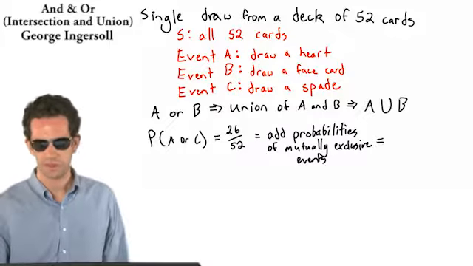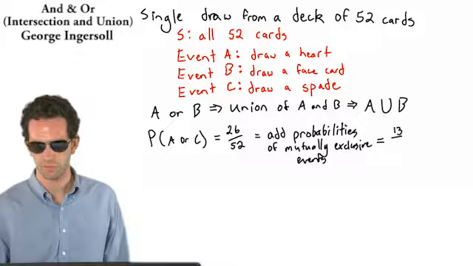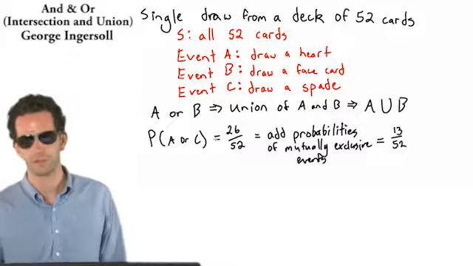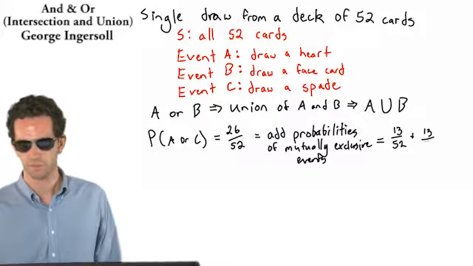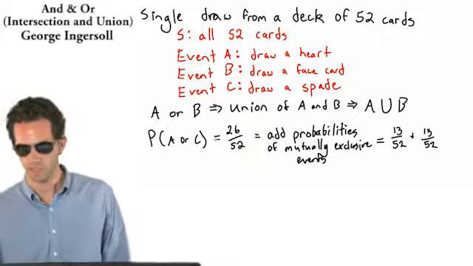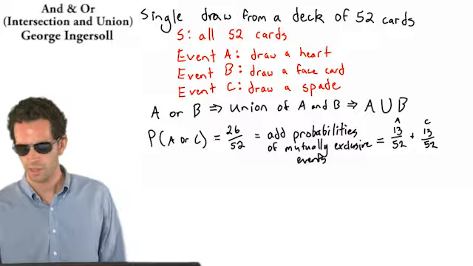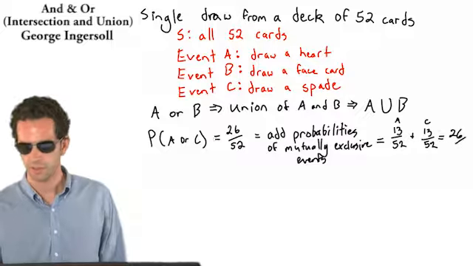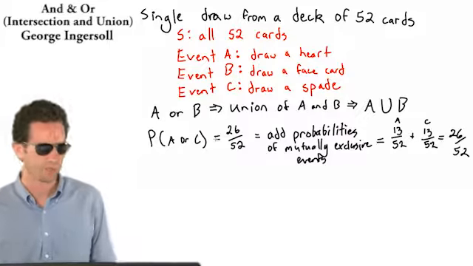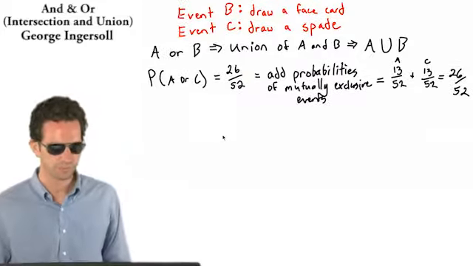And so you could also have written this as 13 over 52 for the chance of getting a heart, plus 13 over 52, which is the chance of getting a spade. This would be A, this would be C, and that comes out to the same thing, 26 over 52. Same thing we got by just thinking about it using common sense.